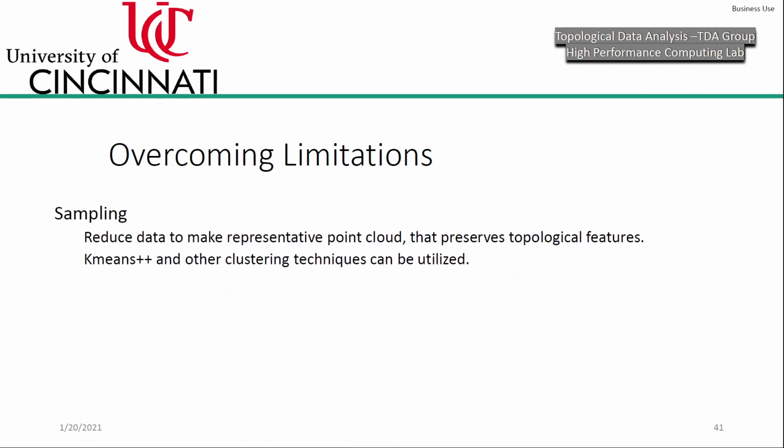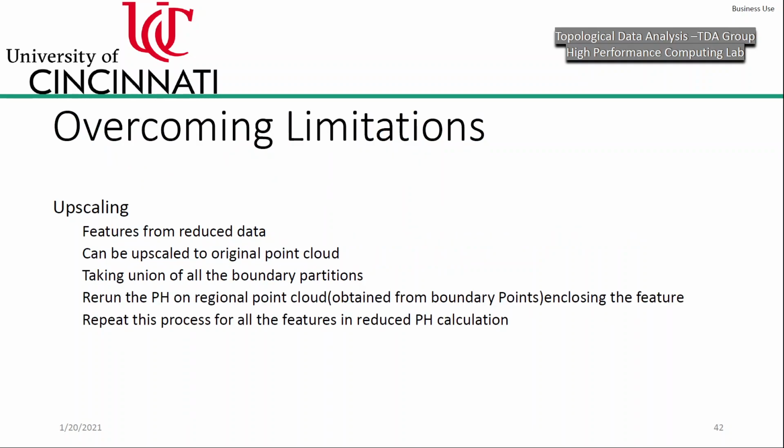And then we can overcome this limitation by using sampling or reduced data to make a representative point cloud, and hopefully that preserves the topological features. You use clustering techniques or other sampling techniques to get these representative points, which preserve the topological data. After running persistent homology on this reduced sampled data, you find the persistent intervals and then refine them using upscaling.